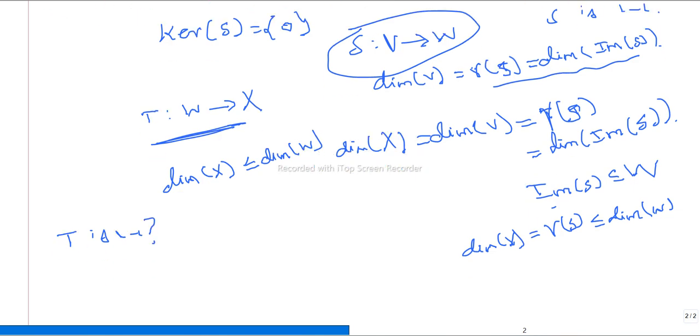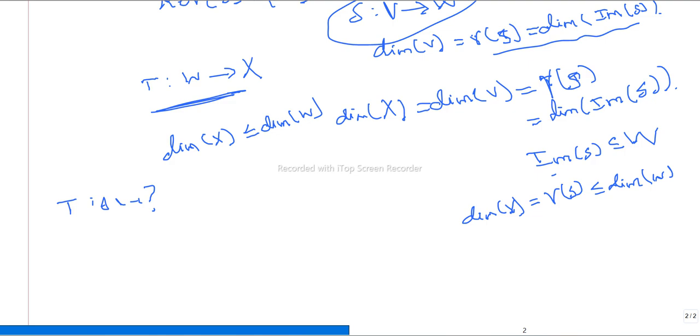Suppose T is 1-1, what will you get? By the rank nullity theorem, the dimension of the domain equals, since T is 1-1, the kernel of T is 0, therefore we get the dimension of the image of T. But the dimension of the image of T is less than or equal to the dimension of X.